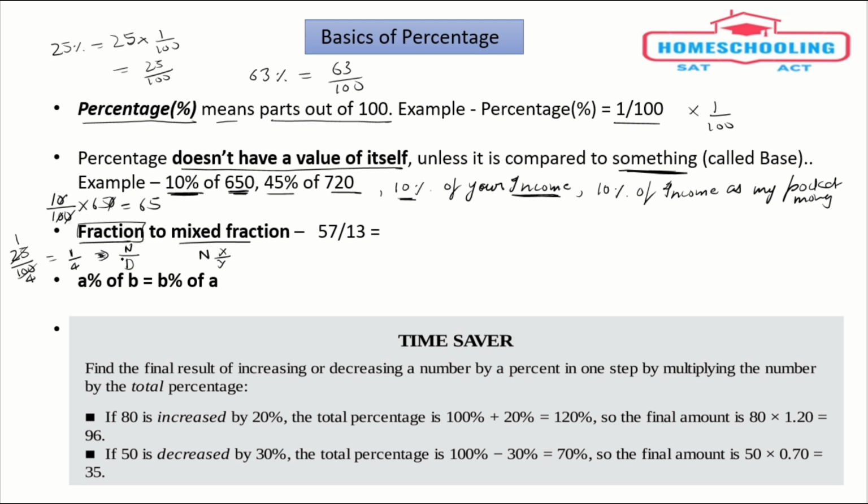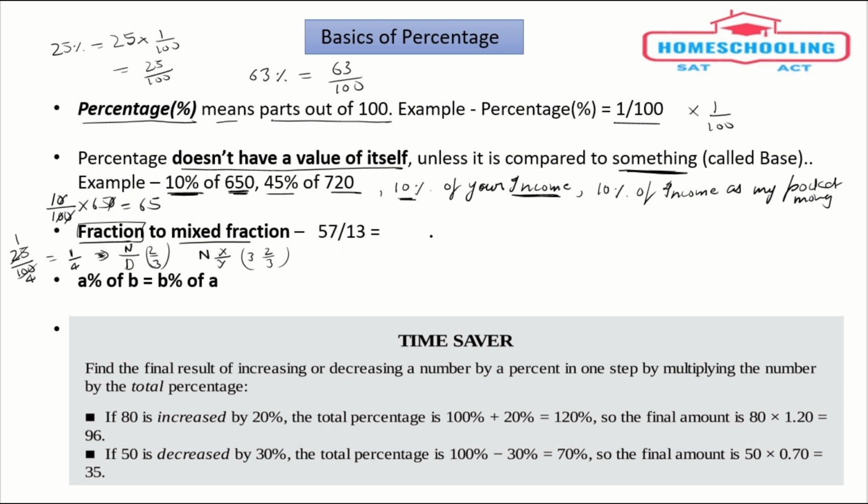And if something is written with one whole number and then x by y, like 3 and 2 by 3, that would be your mixed fraction, and 2 by 3 is your fraction. You should know how to convert a fraction to a mixed fraction and a mixed fraction to a fraction. So this is your 57 divided by 13. This is your fraction.